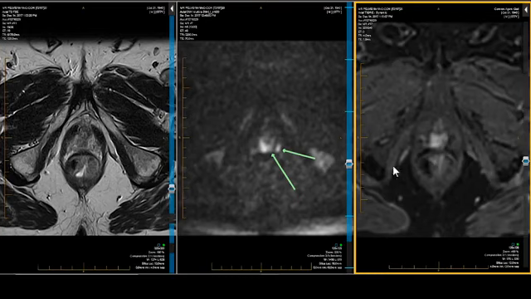Well, first and foremost, our central lesion, our lesion in the apical portion of the prostate, so prostate apical mass, trapezoid-shaped, we'll measure it. It's under 1.5 centimeters. It involves more than 50% of the right side of the peripheral zone, so that automatically makes it a T2B lesion.